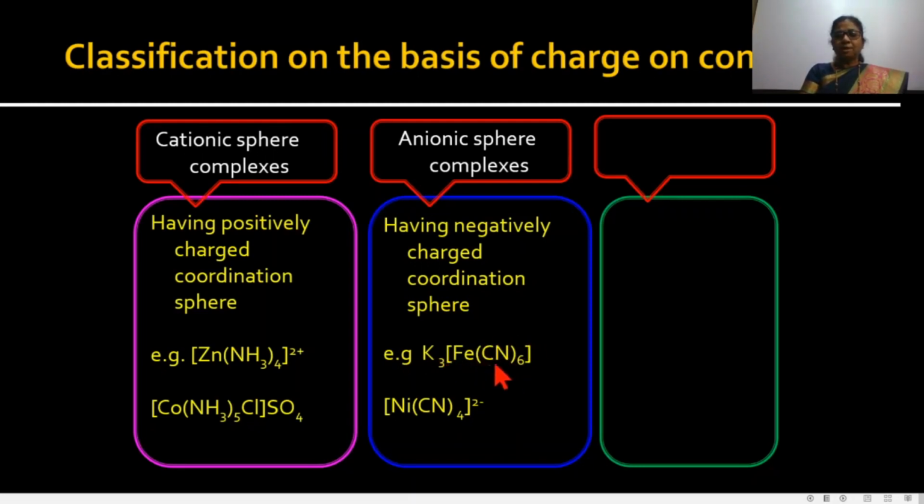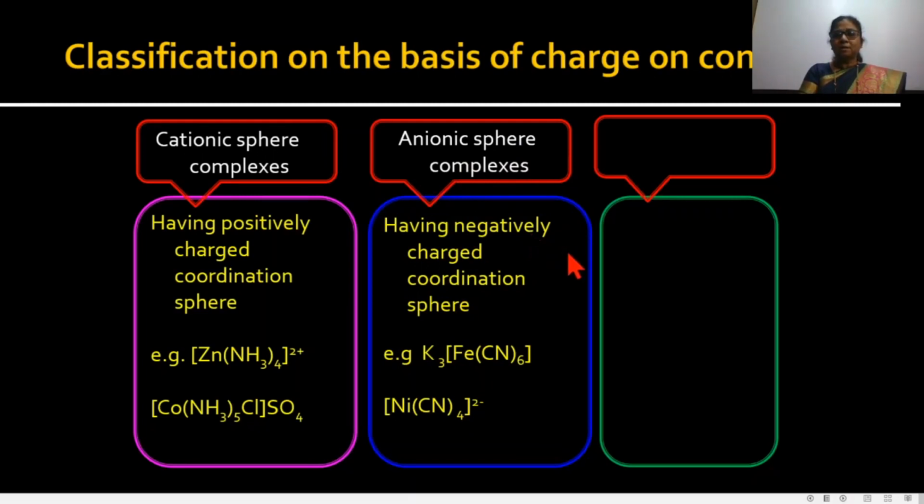This complex ion has a negative charge. Therefore, it comes under anionic sphere complexes. Also, in this example [Ni(CN)4]2-, the charge is negative. And a negatively charged coordination sphere comes under anionic sphere complexes.